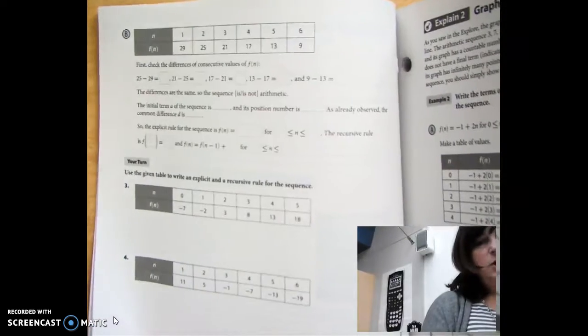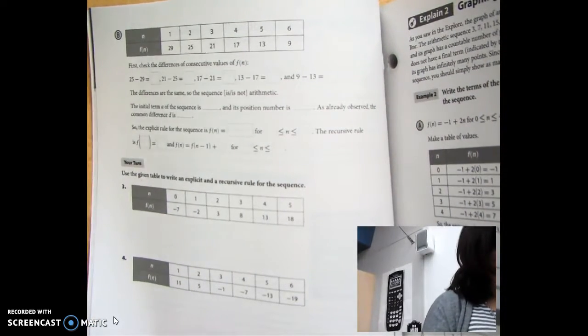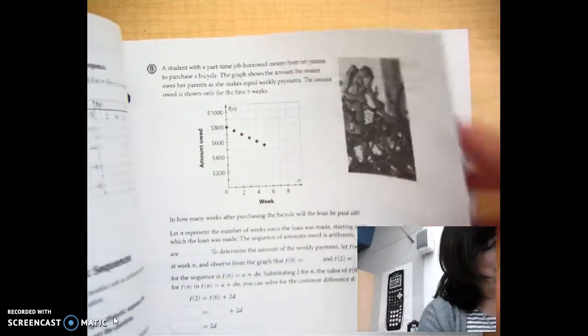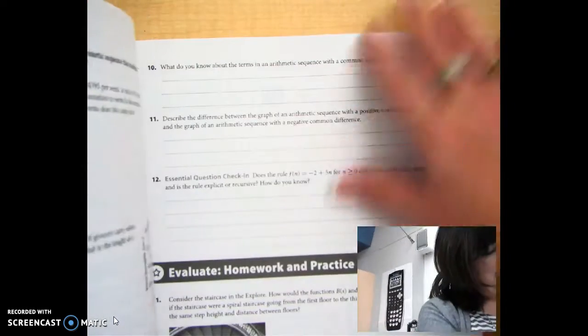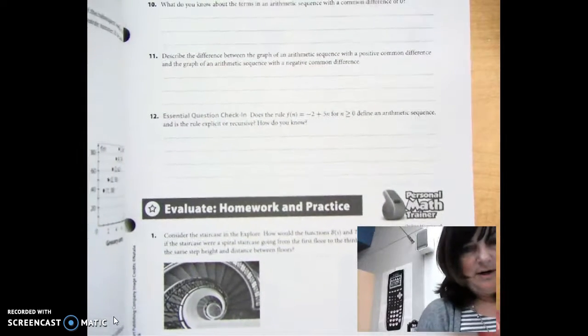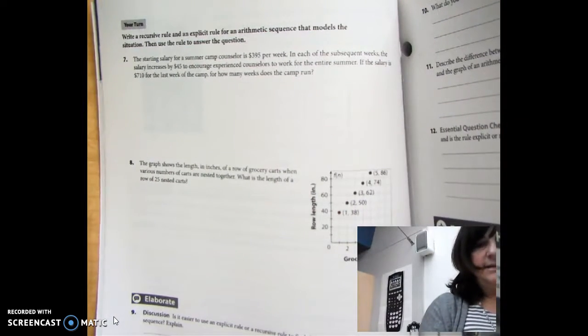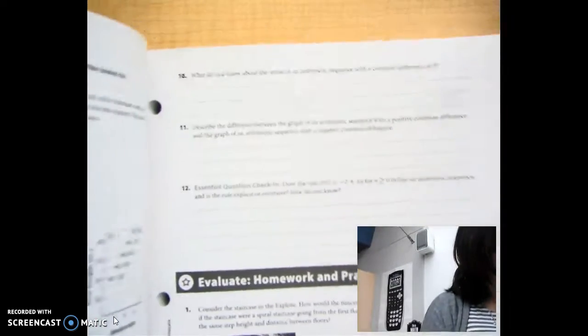You have some little problems called your turn. They call homework and practice evaluate. And they have a section here called elaborate. So it looks like they like E's in this book.